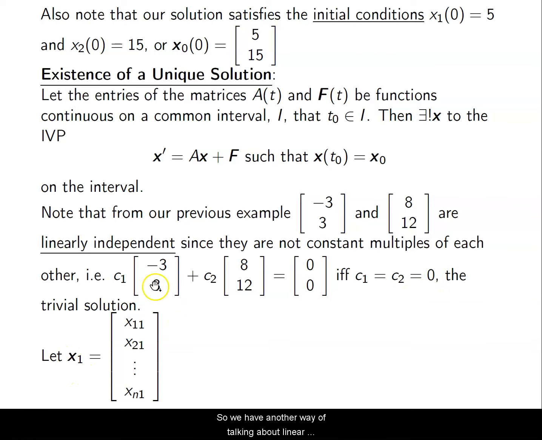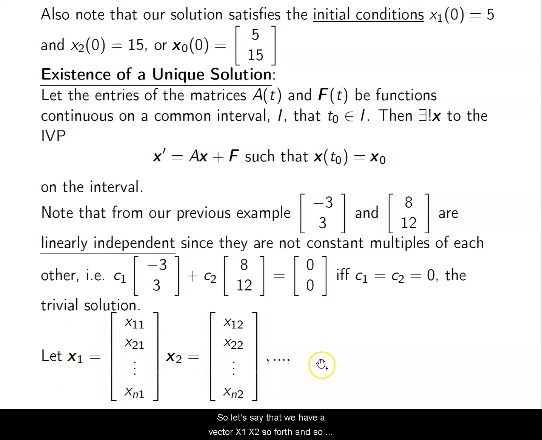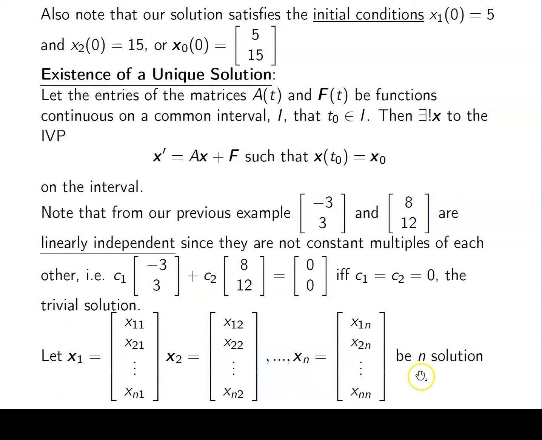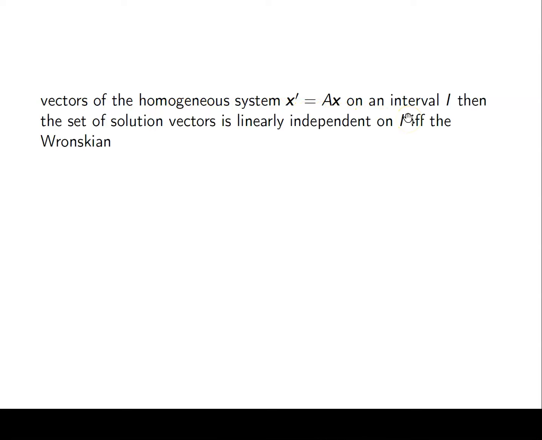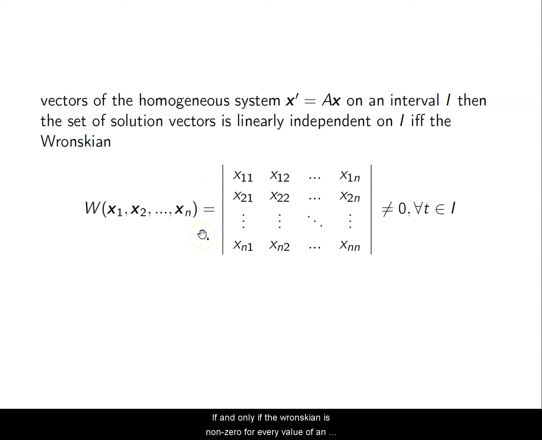So we have another way of talking about linear independence, which is looking at the determinant. Okay, so let's say that we have vectors x1, x2, and so forth up to xn, all solution vectors of a homogeneous system on an interval I. Then the set of solution vectors is linearly independent on I if and only if the Wronskian is non-zero for every value of an input that we have inside of our interval.